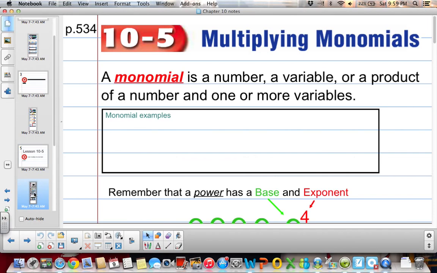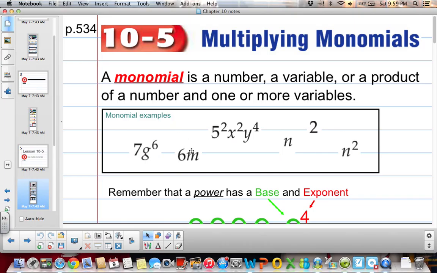So a monomial is a number, a variable, or a product of a number and a variable. And some examples of monomials are, mono meaning one, so that means it's one term.